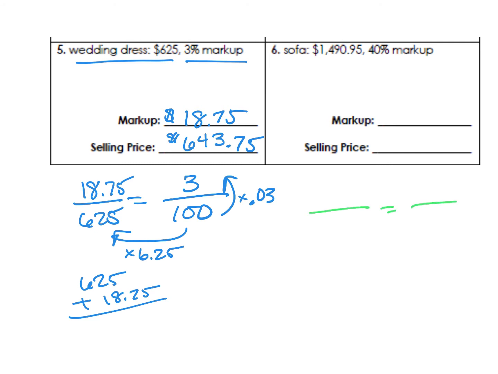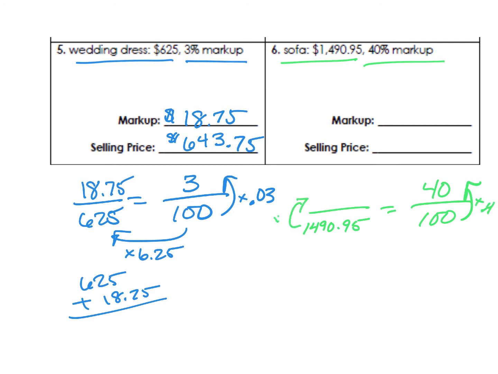So let's do the sofa over here. We got a little bit of a bigger number. We've got 40% markup, so that's going to go over the 100. The sofa is $1,490.95. So I'm going to multiply by 0.4.